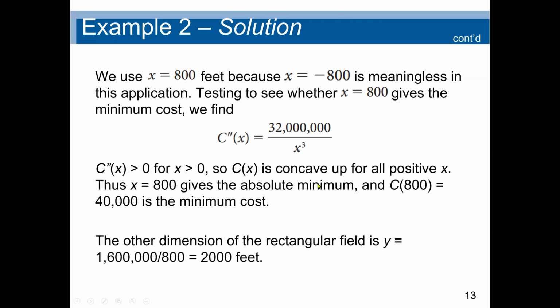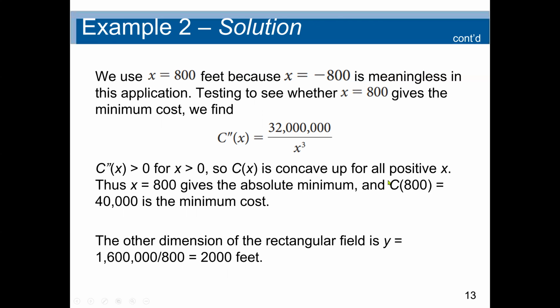So here we saw that we are concave up for all positive x values, greater than 0. So x equal to 800 gives the absolute minimum. So C of 800 will give me, I will plug the 800 into my original function and I will get 4. Anytime we're looking for the absolute value, we plug the critical value into the original function.